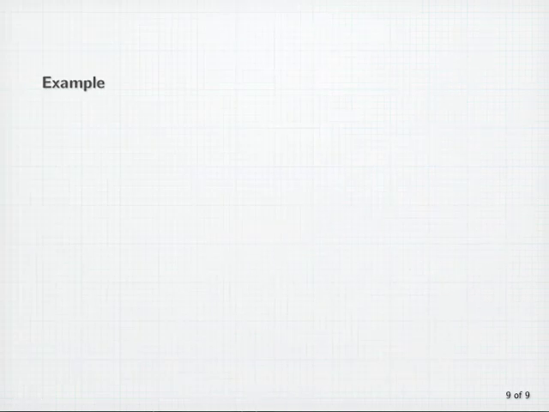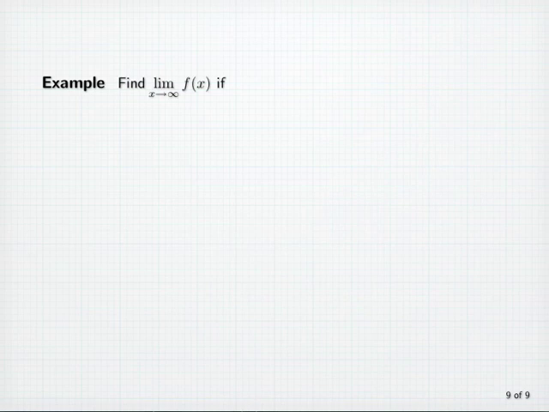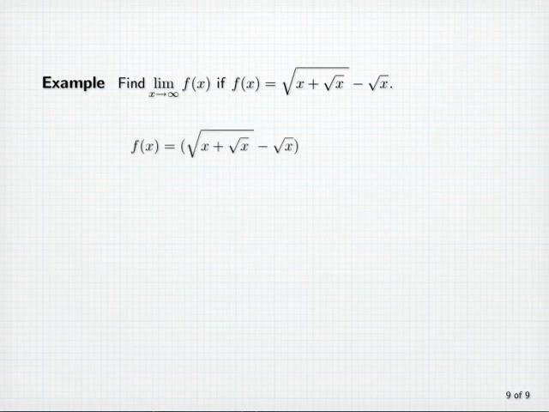One final example. Let's find the limit as x goes to infinity of f of x if f of x is equal to the square root of (x plus the square root of (x plus the square root of x)) minus the square root of x. The first thing we'll do here is multiply our function by a fraction whose numerator and denominator are both equal to the same expression that defines f except with a plus sign between the two terms.